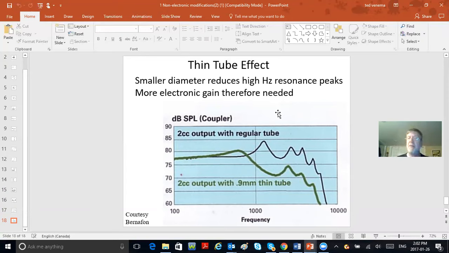They look the same as RICs, but they're cheaper. Anyway, when you're using those thin tubes instead of regular number 13 tubing, you're cutting off the highs. So guess what? The manufacturers realized that, and they make the amplifier deliver more high frequency amplification to counteract this. But just as clinicians, you should be aware of that.